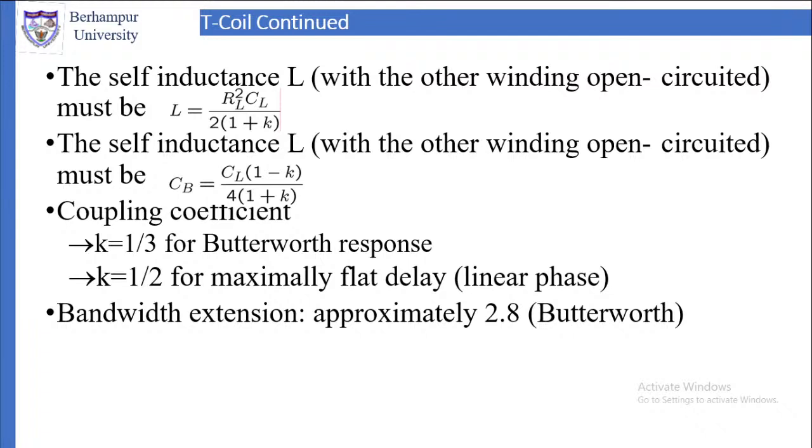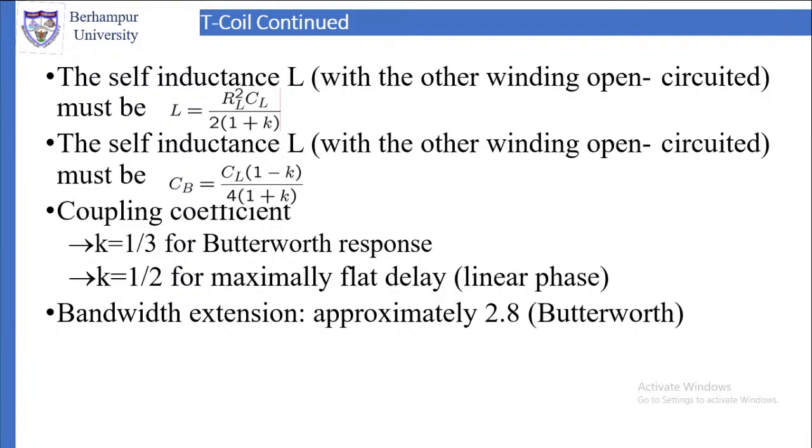There you saw L1 and L2, those L's should be this. RL is the load resistance, CL is the load capacitance, K is the coupling coefficient. So using this, you have to find out what is L.